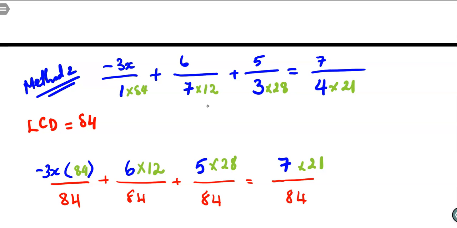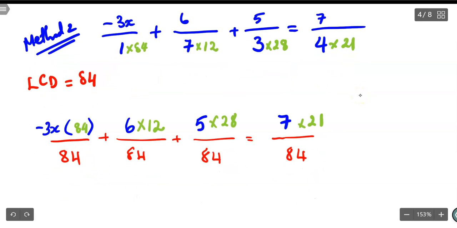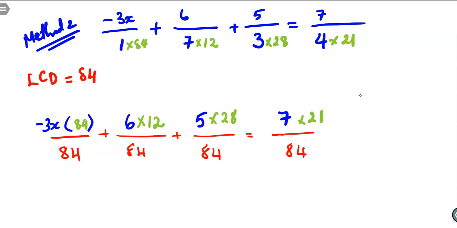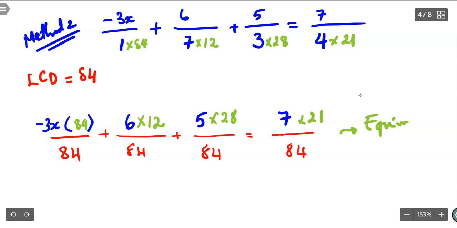Then I take 84 divided by 3, I got 28. I take 84 divided by 4, I get 21. Multiplication and division are the opposite operations of each other, and that's how we perform this equivalent fraction. So this is called equivalent fraction.